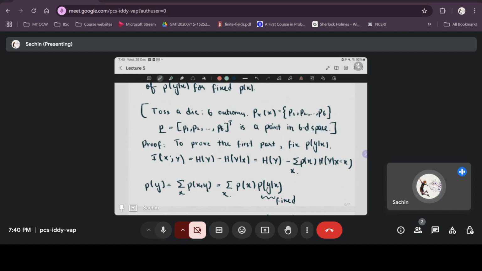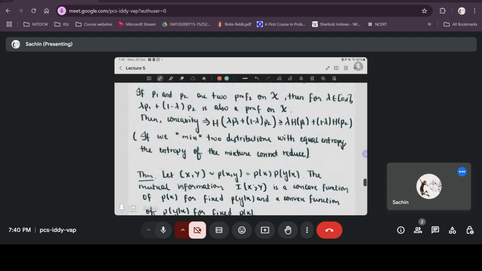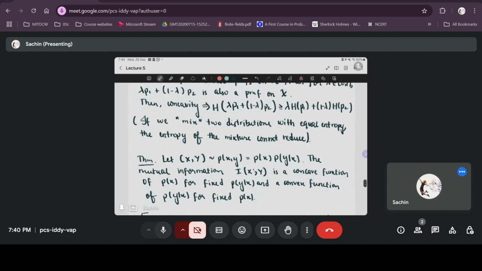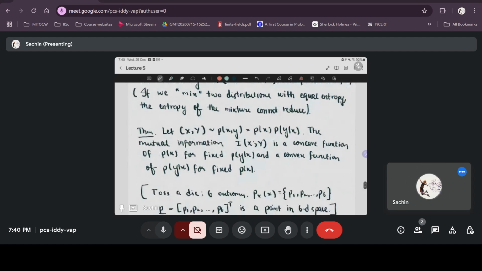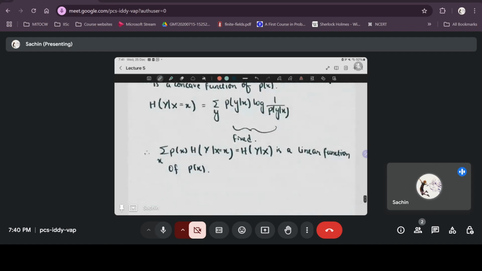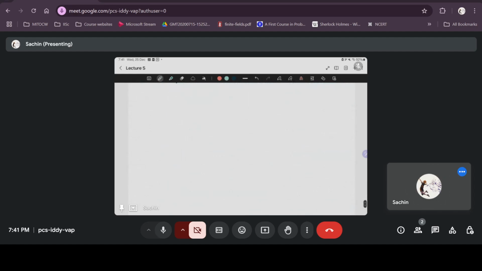So a concave function plus a linear function or a concave function minus a linear function is still a concave function. Therefore, for a fixed conditional distribution p of y given x, the mutual information is a concave function of the distribution of x. That proves one part.